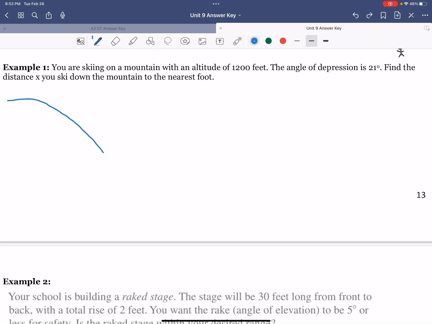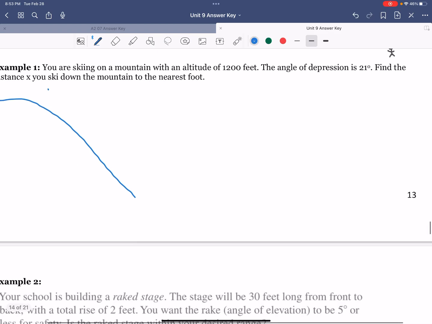We're just going to pretend it's a perfect slope. So I have this person who's having just the blast. Their hair is flying. They're just on their skis and going down the mountain. So we're going to say that this is the horizontal line. And this is going to be my angle of depression. And they said my angle of depression is going to be 21 degrees.